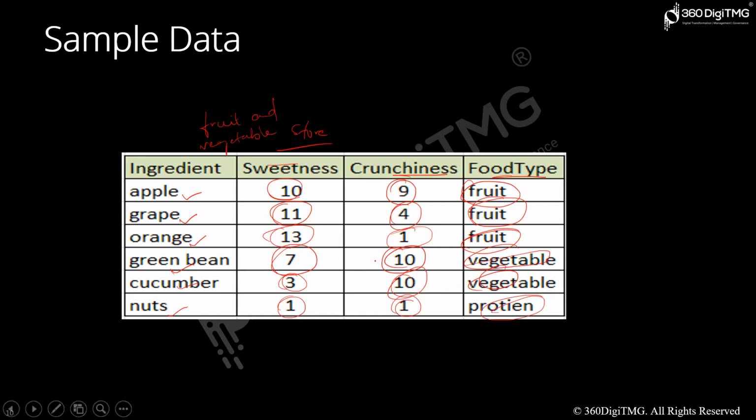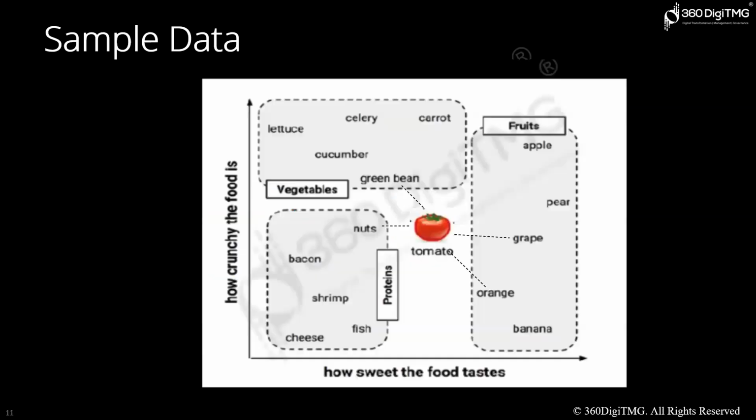So with this data, what do they do? We have a graph here with the y-axis referring to how crunchy the food is and the x-axis referring to how sweet the food tastes.